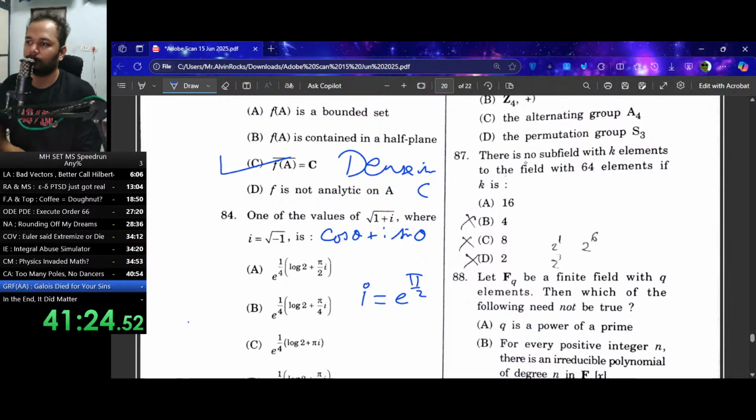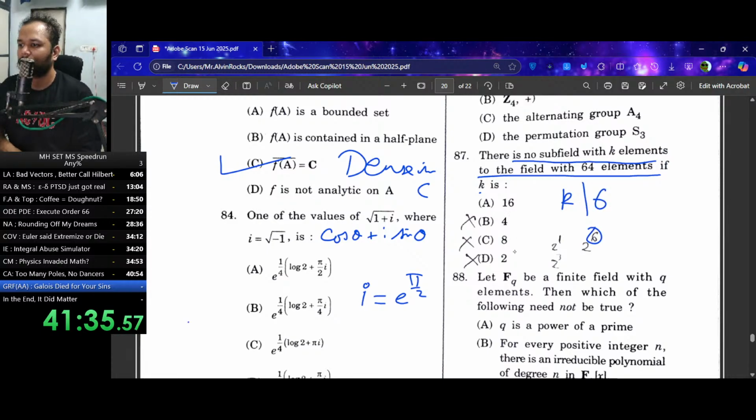Yes, so this one, there is no subfield with k elements in the field. So I think k must divide 6. 2 to the power k, this k must divide 6.